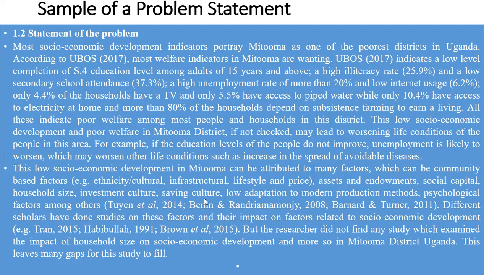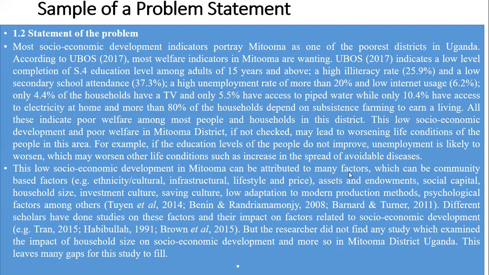Now, when you look at the whole of this paragraph here, the one which ends here, it is talking about facts about the problem. And when you come to this paragraph here, which starts with this bullet number 2, it is mainly talking about the causes of the problem. You can see here, the researcher said this problem can be attributed to many factors.